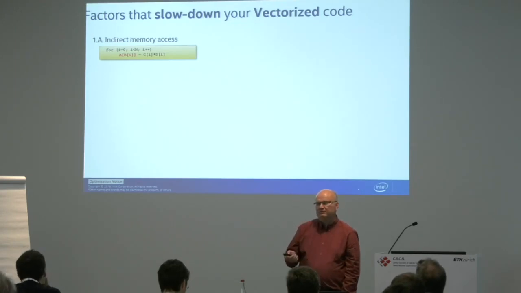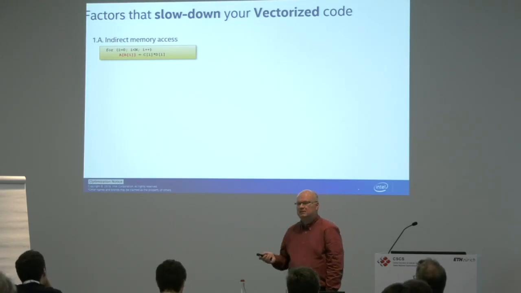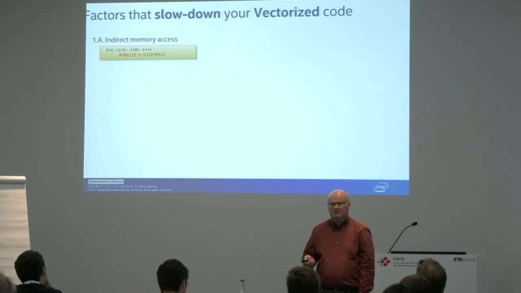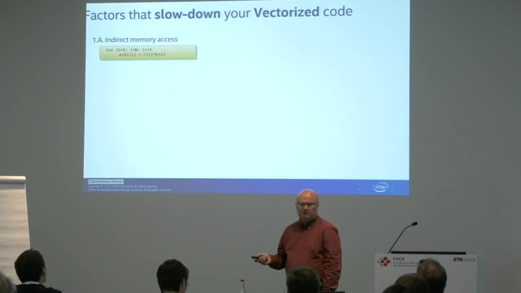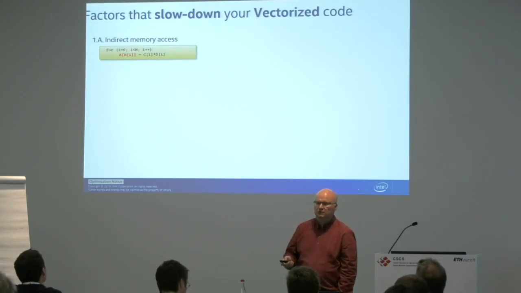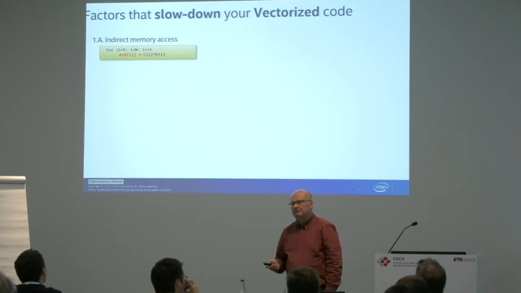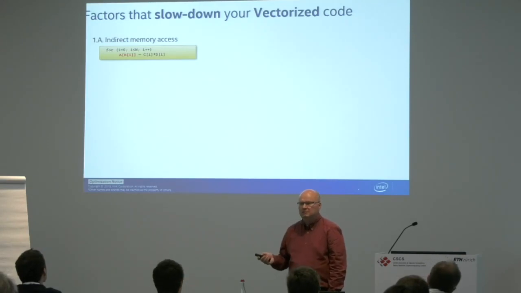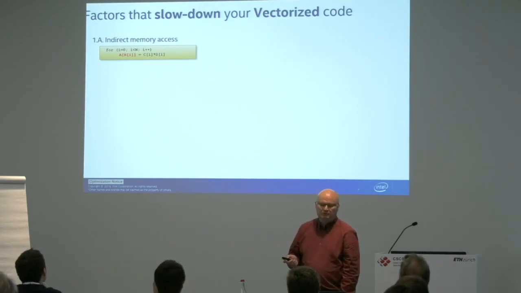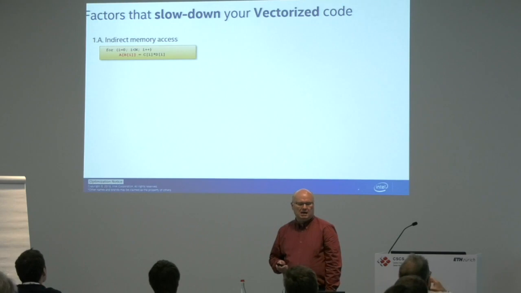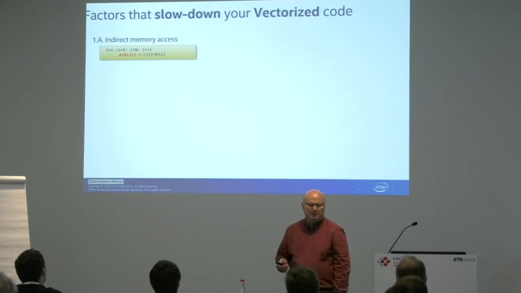The cost of indirect addressing was sometimes only a factor of 2. But here it's most of the time much more than a factor of 2 to the peak performance. You could always still gain half of the peak with indirect addressing on a Cray machine at that time, but this is more impacting now.